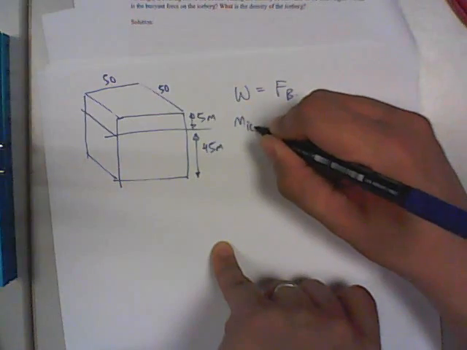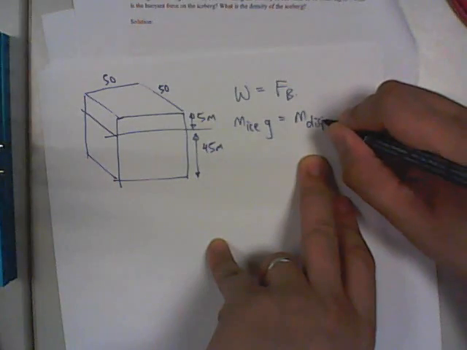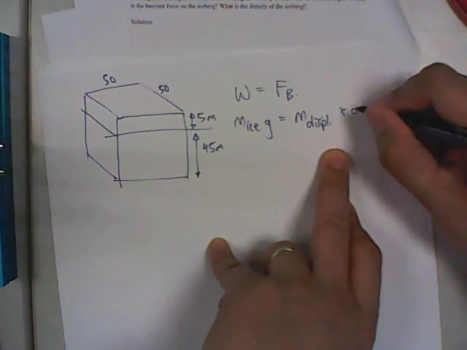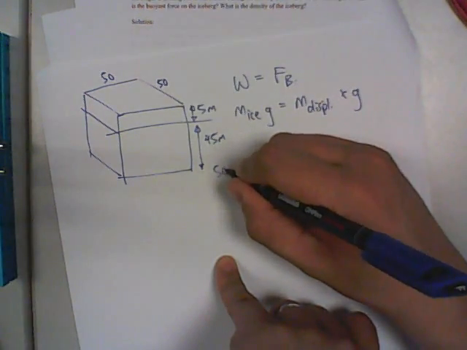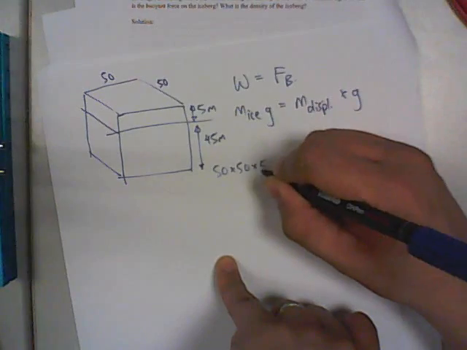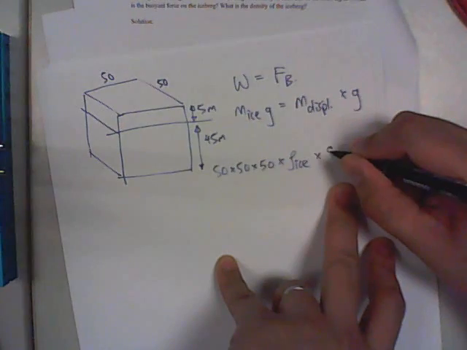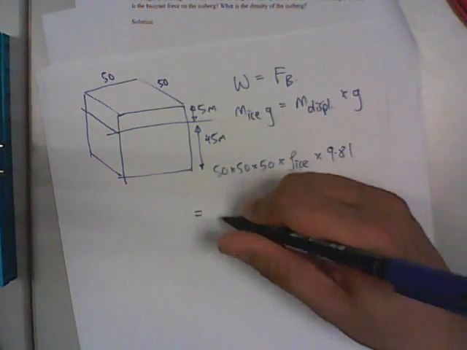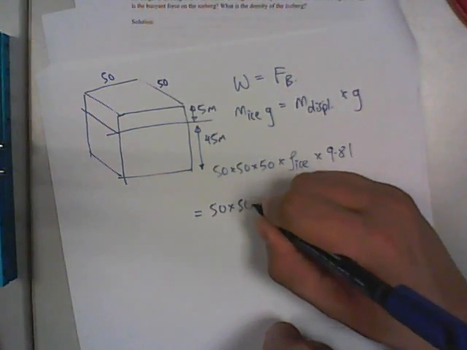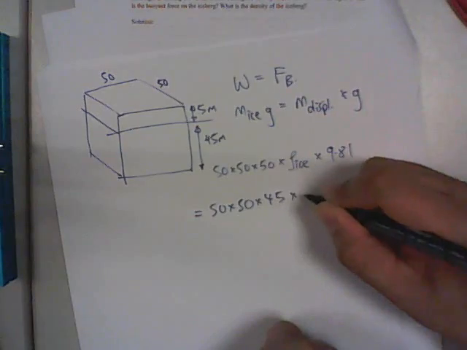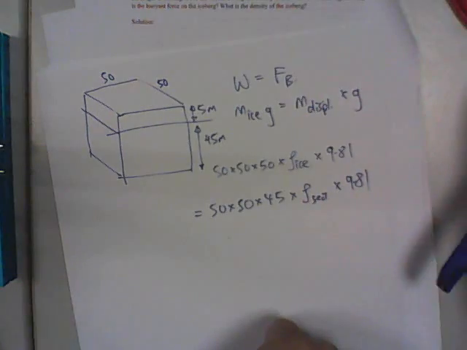This is mg of ice and mass of displaced seawater multiplied by G. So the mass of the ice is the whole volume, 50 by 50 by 50 times density of ice times 9.81 is equals to the displaced volume is 50 by 50 by 45 times density of seawater times 9.81.